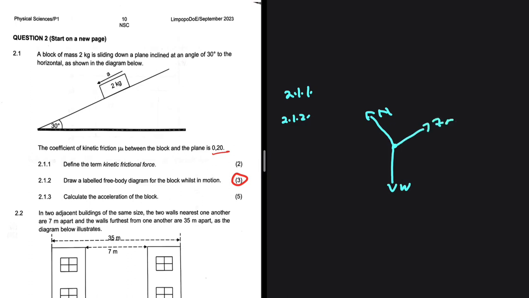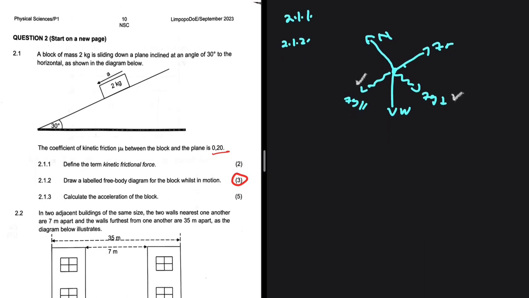So we have frictional force up the incline. Obviously, with our weight, we know that we have the perpendicular component, FG perpendicular, and the parallel component, FG parallel. You don't have to include FG parallel and FG perpendicular, but most likely you will have to use it when you calculate.